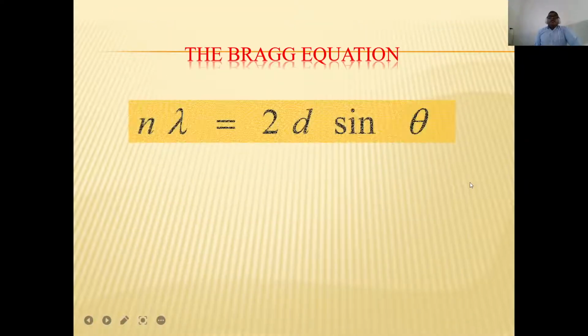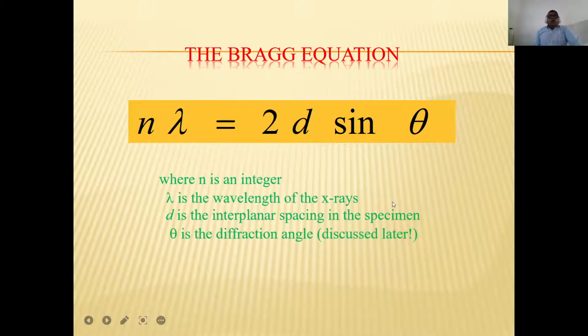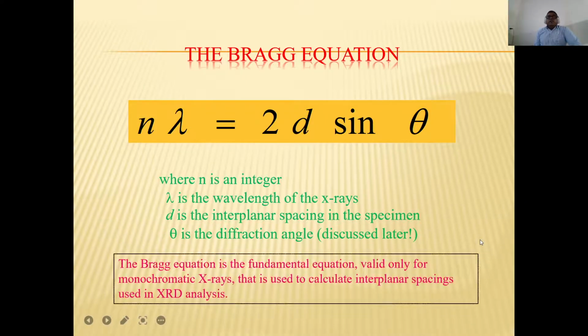The Bragg equation: n lambda is equal to 2d sin theta, where n is an integer, lambda is the wavelength of the X-rays, d is the interplanar spacing in the specimen, and theta is the diffraction angle, which is discussed later.